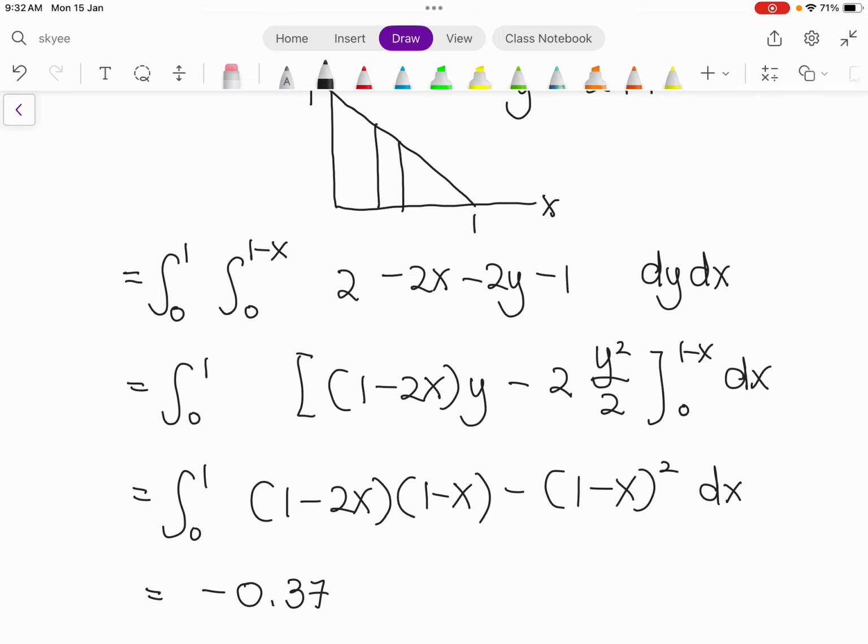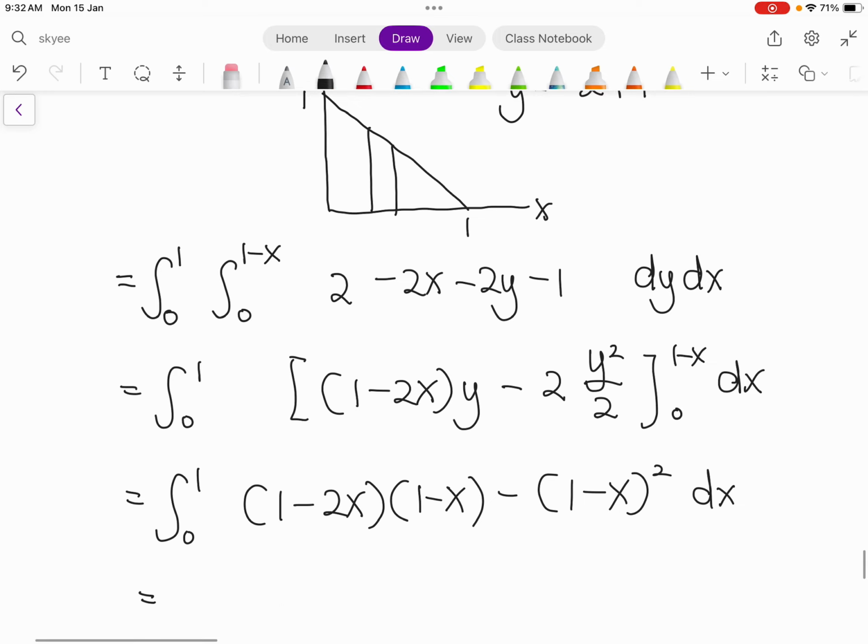So now I get the answer. Yes, the answer is correct. But why do I have the negative? Let me check. 0.167. So the answer is 0.167. 1 minus 2x, 1 minus 2x minus 2y, squared.